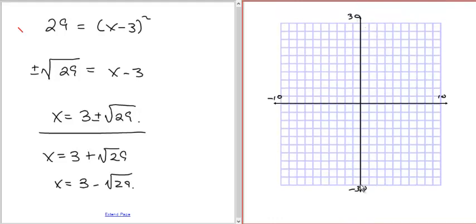So the vertex is going to be right down here. No, it's 3, right? So 1, 2, 3, negative 29. So that's my vertex.